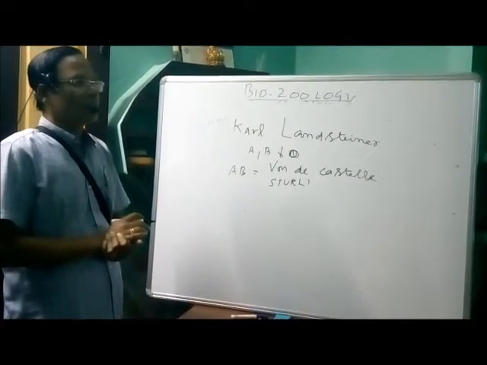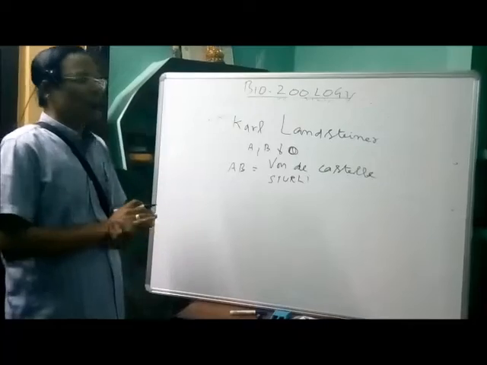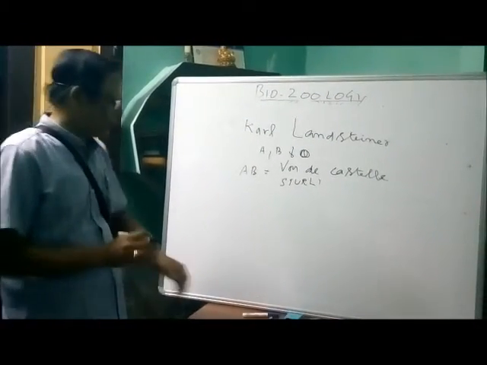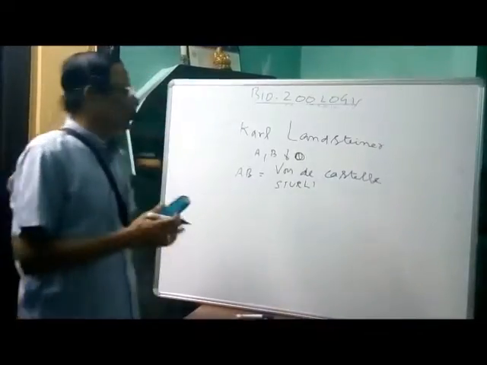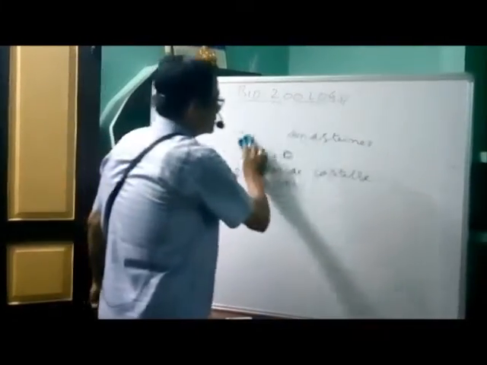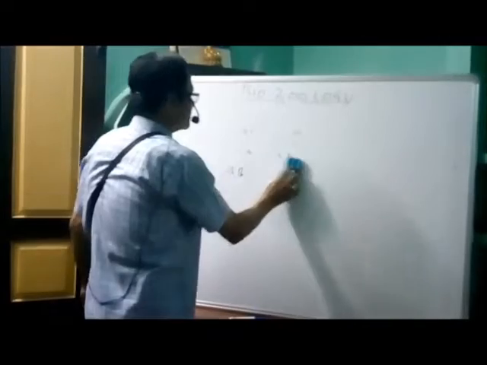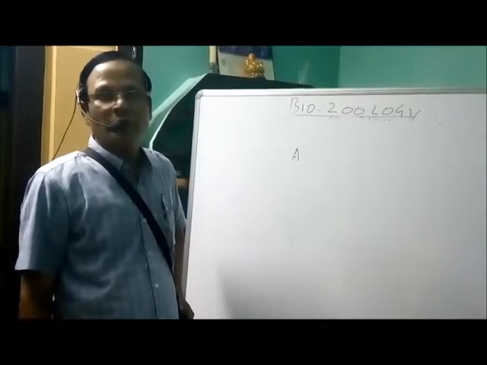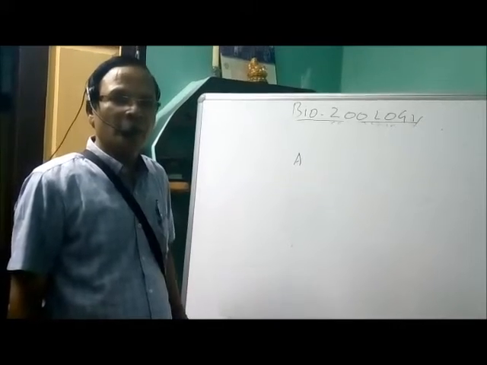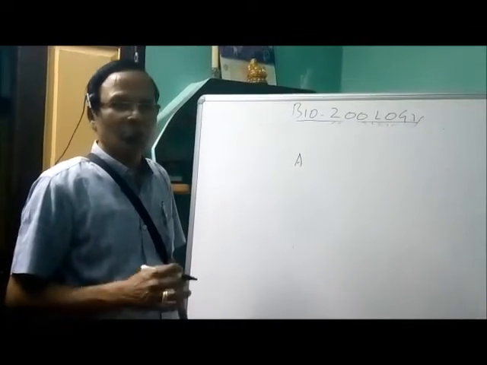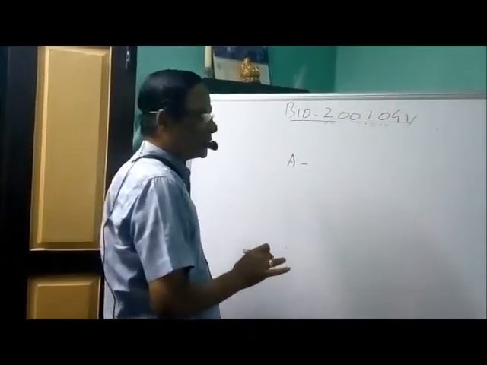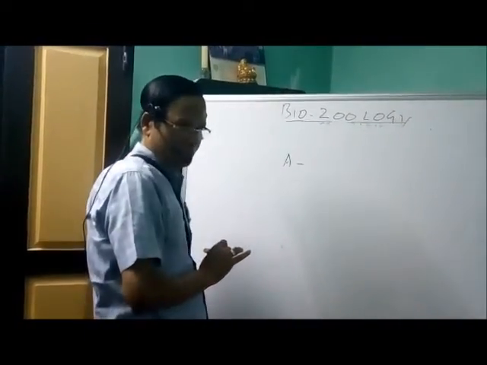So here, the blood groups are named, as I mentioned already, based on the presence and absence of antigen. In our blood, we have either A antigen or B antigen or no antigen. People with A antigen in their RBC are called A blood group.